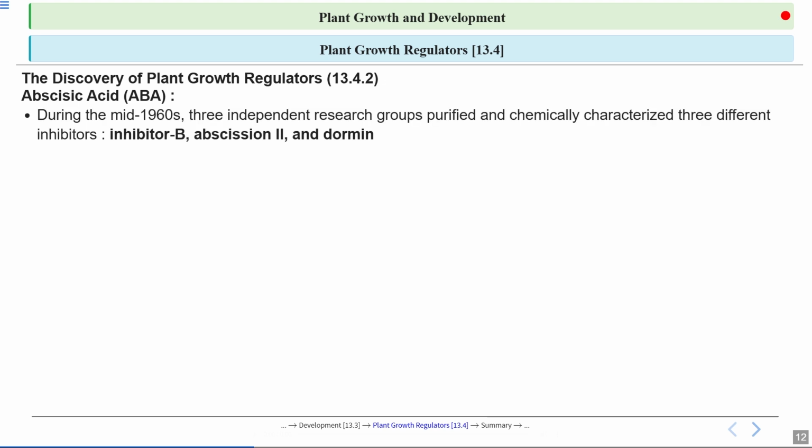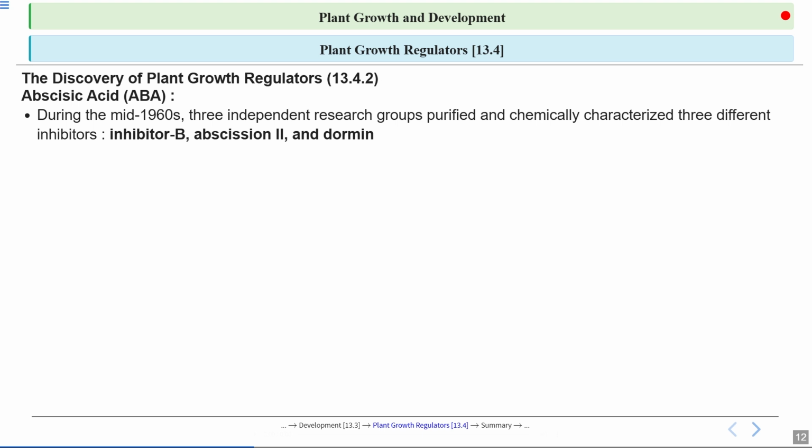So next is abscisic acid. During the mid-1960s, three independent research groups were working and chemically extracted three different substances. One group extracted inhibitor B, one group extracted abscission II, and another group extracted dormin, right?